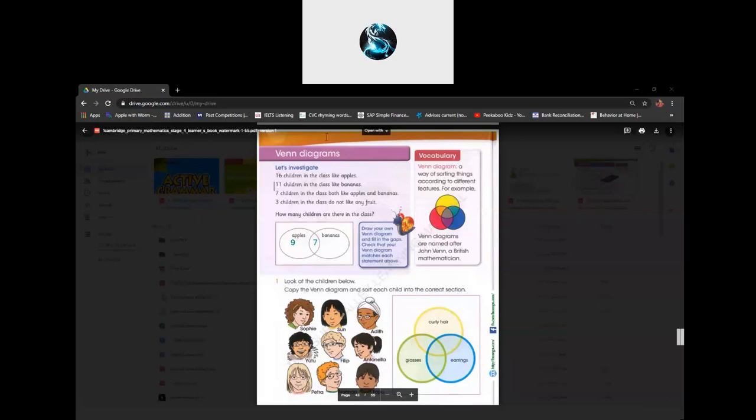So you're supposed to subtract the 7 children, and you get 9 and 4, and you add those, you get 13, and then 7 plus 3 is 10, and 13 plus 10 is 21.